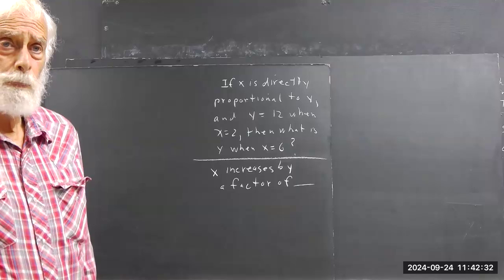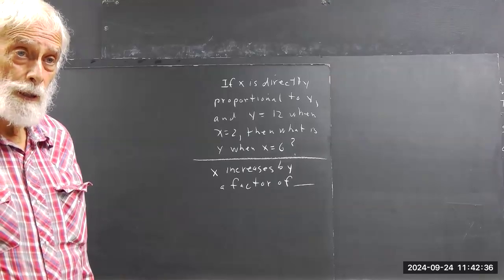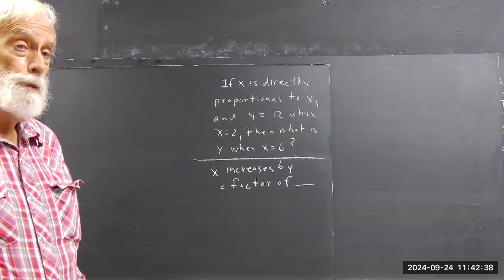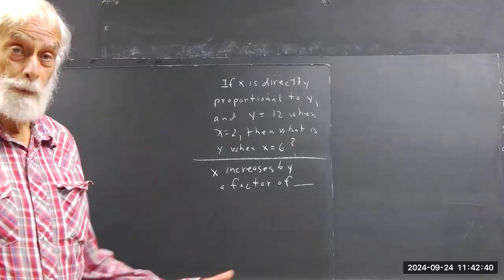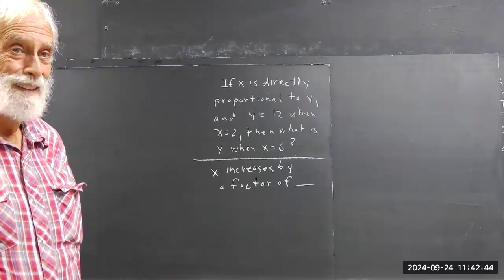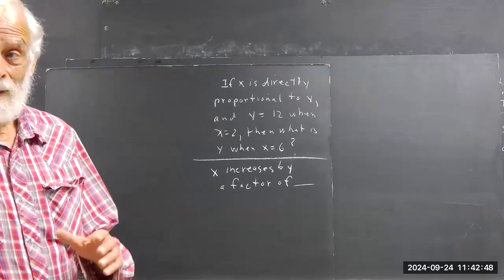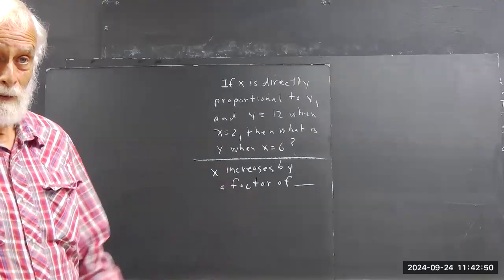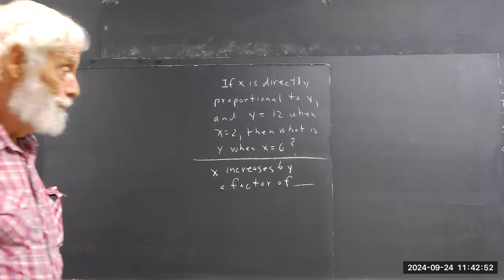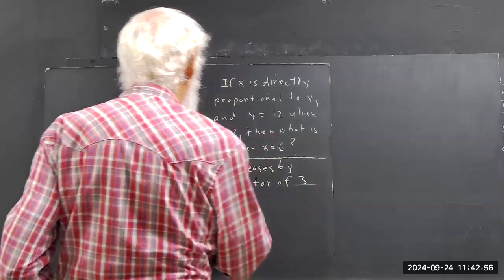Well, factor is something that multiplies something. What would you multiply x by? What would you multiply 2 by to get 6? Can anybody tell me? Should be obvious. You multiply 2 by 3 to get 6. Okay? By a factor of 3.